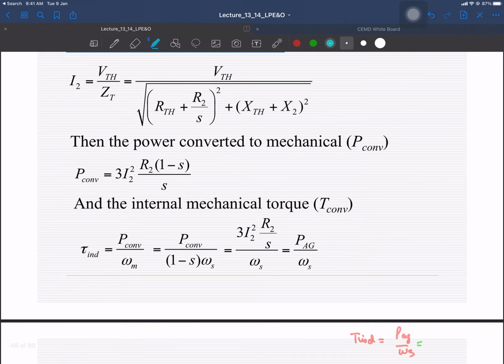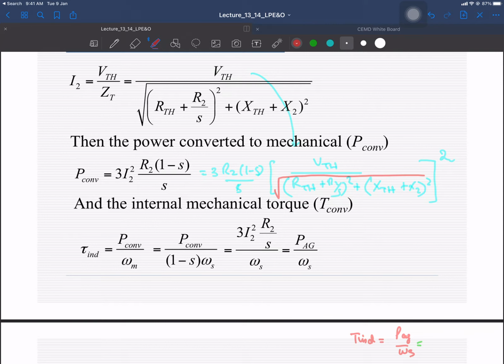So from here I can say that the power converted is 3 I2 square into R2 into (1 minus s) by s, and I2 is from this expression: V Thevenin divided by the square root of (R Thevenin plus R2 by s) whole square plus (X Thevenin plus X2) whole square, right, and the square of this one.